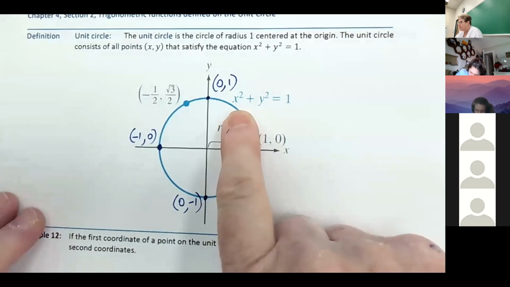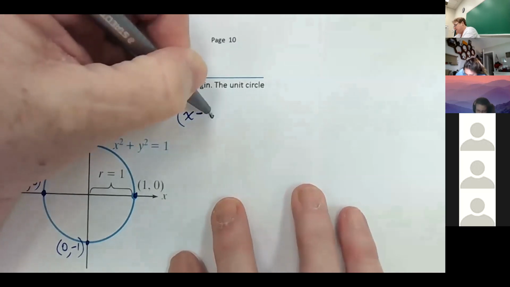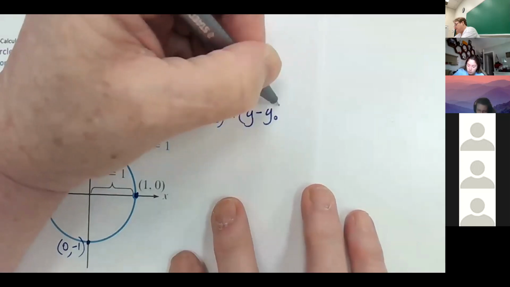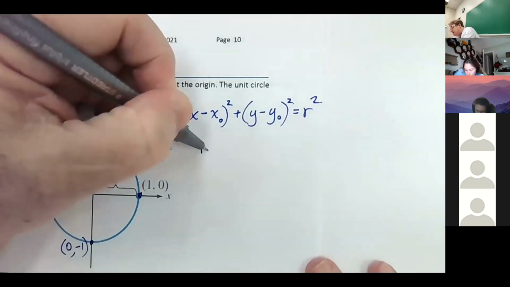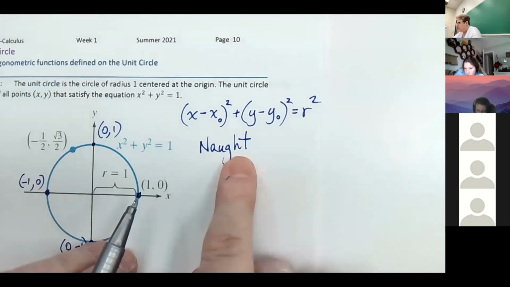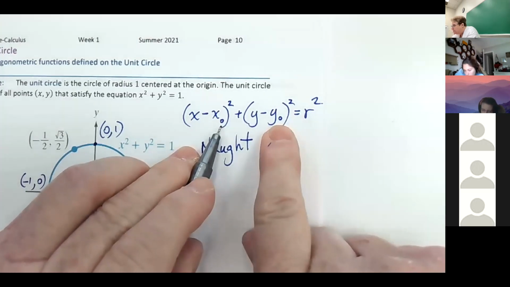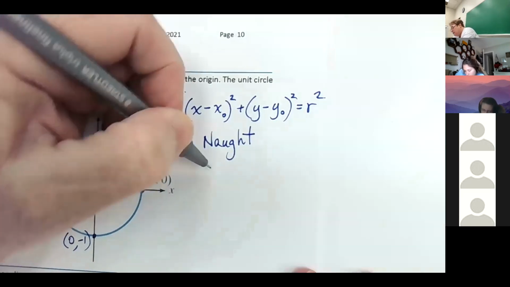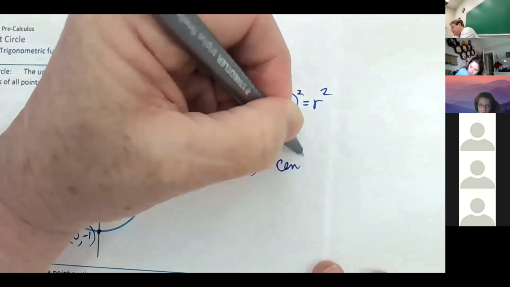The formula for a circle is x minus x naught squared plus y minus y naught squared equals the radius squared. It's pronounced naught, and it is the word that represents this little circle, a little 0, where x naught, y naught is the center.